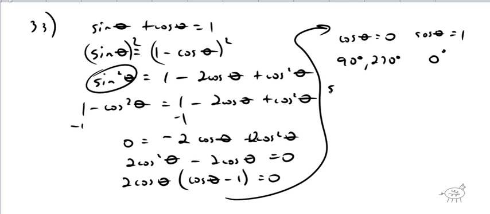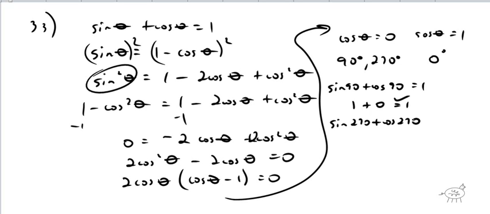So if I do sine of 90 plus cosine of 90, does that equal 1? Well, sine of 90 is 1, cosine of 90 is 0, so that works. Let's try 270. Sine of 270 plus cosine of 270, does that equal 1? Sine of 270, it's down below, so it's negative 1. Cosine of 270 is 0.